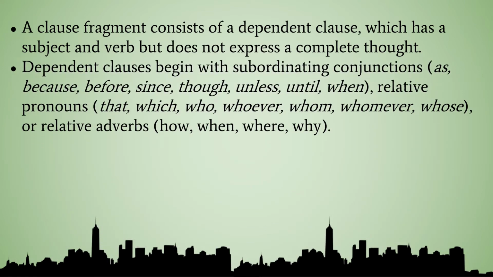Dependent clauses begin with subordinating conjunctions such as because, before, since, though, unless, until, and when, relative pronouns such as that, which, who, whoever, whom, whomever, and whose, or relative adverbs such as how, when, where, and why.